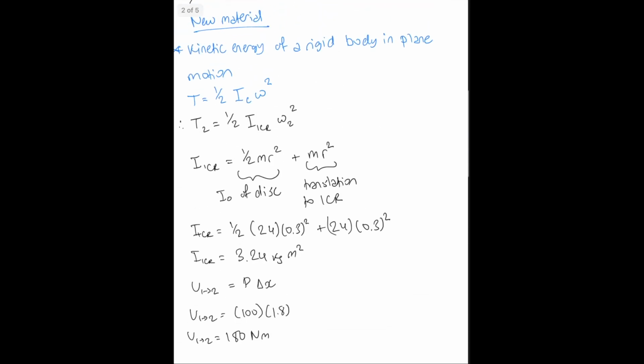Now, if you plug those in to this equation, we can calculate our angular velocity. 180 is equal to half multiplied by 3.24 multiplied by omega squared, to get the angular velocity equal to 10.541 radians per second.